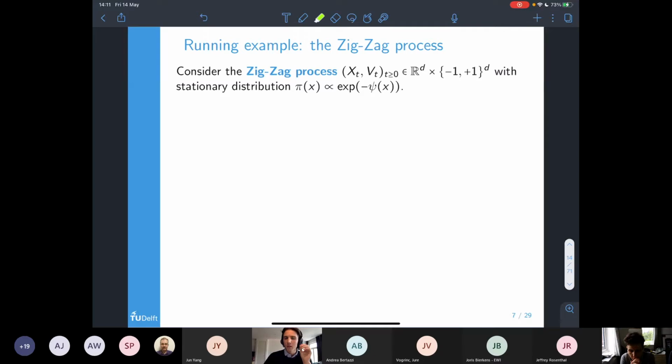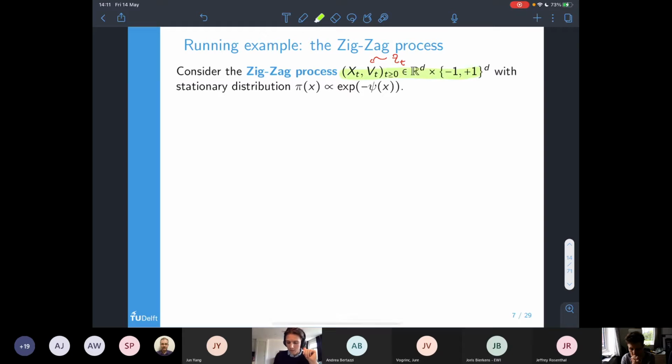Then let's see the Zig Zag process, which I will use as a running example in a few cases. The Zig Zag process is a particular PDMP. As we see here, we have two parts of the process. This would be Z_t in our previous notation, and we have two parts, X_t and V_t. X_t is the position of the process at time t, and V_t is the velocity of the process at time t. I'm sure many of us are familiar, but still I would like to give a brief introduction to this process.